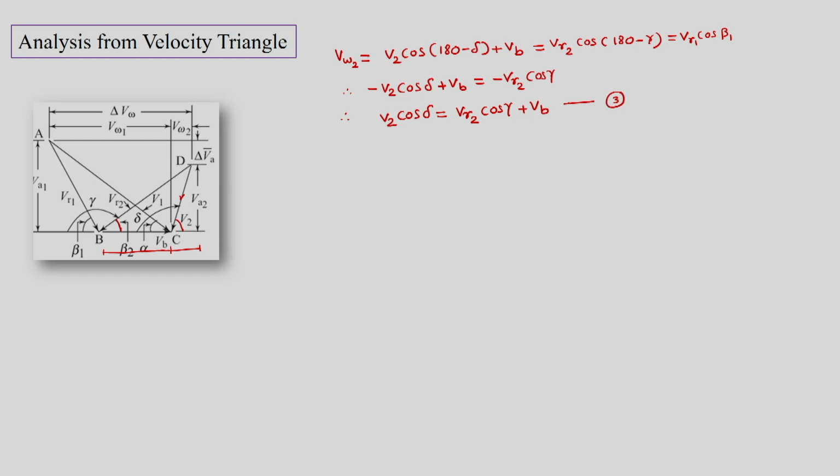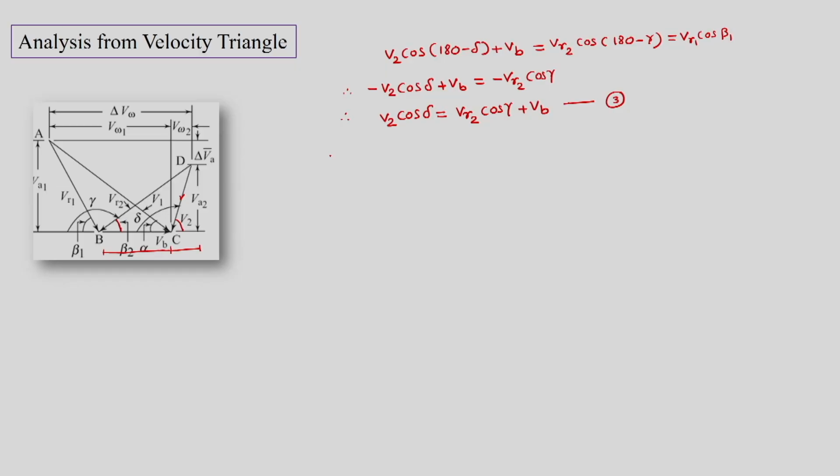Now, we have to make certain assumptions about the friction in the moving blades while the flow is taking place. Due to friction, the relative velocity will decrease. So, VR2 upon VR1 is said to be Kb, where Kb is the blade friction factor.